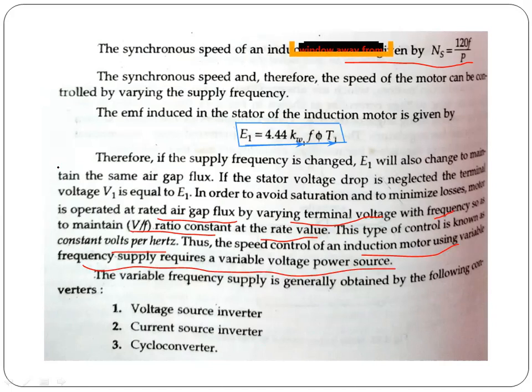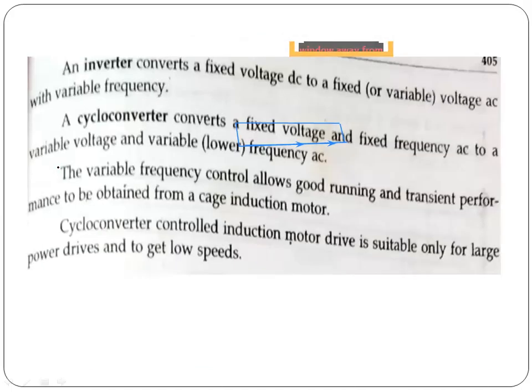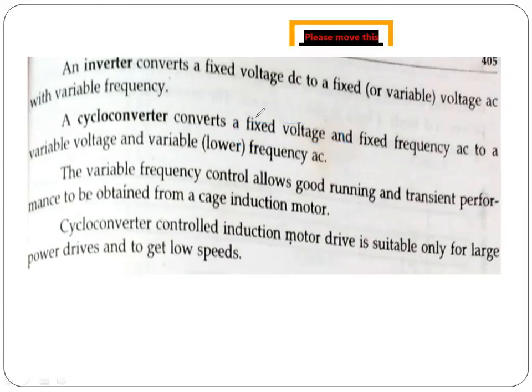These are the three main converters which can vary the frequency of supply. An inverter converts a fixed voltage DC to a fixed or variable voltage AC with variable frequency.